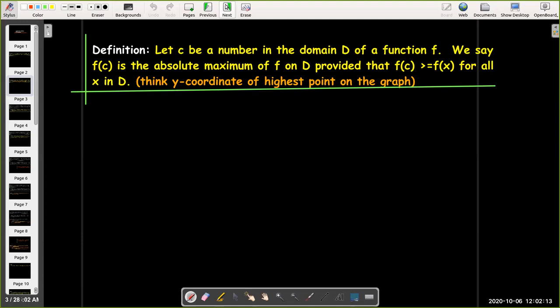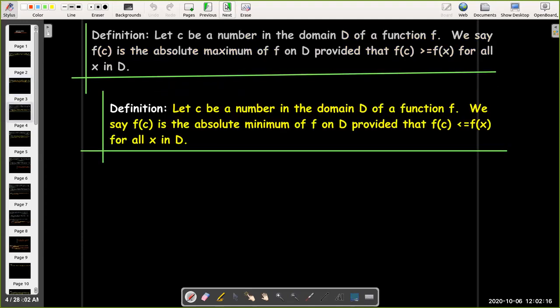And if you have an absolute maximum, you might have an absolute minimum. It's a similar definition. We have a function value, f of c, where f of c is smaller than or equal to any other function value of x, where x is in the domain D. Graphically, that would be the y-coordinate of the lowest point on the graph, if it has a lowest point.